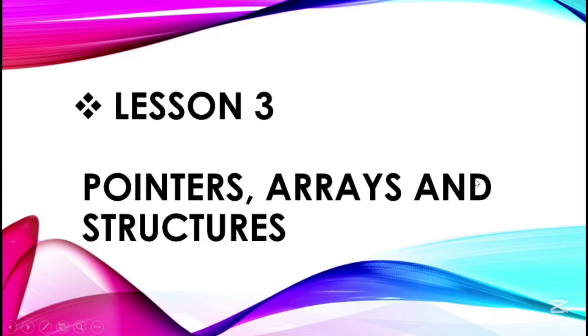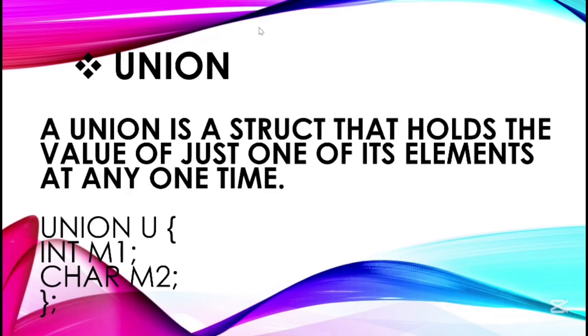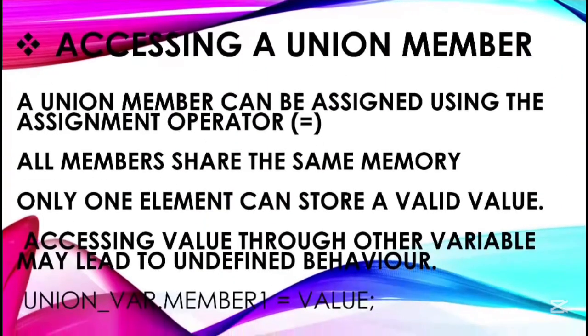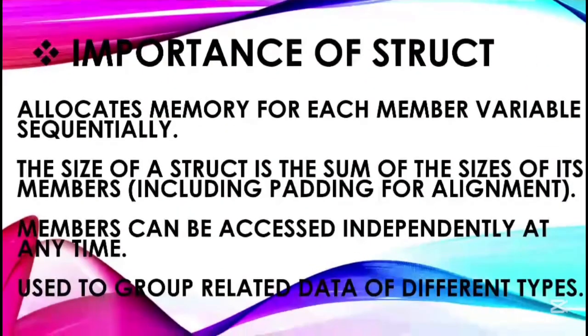As I was saying, if you don't define or declare your data type, you can't access it or run it, because you will receive an error which will appear down in your Code Blocks. Accessing a union member: a union member can be accessed using the assignment operator, which you know as the equal to sign. All members share the same memory, unlike struct.